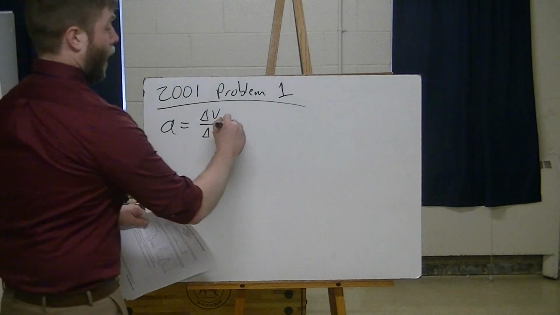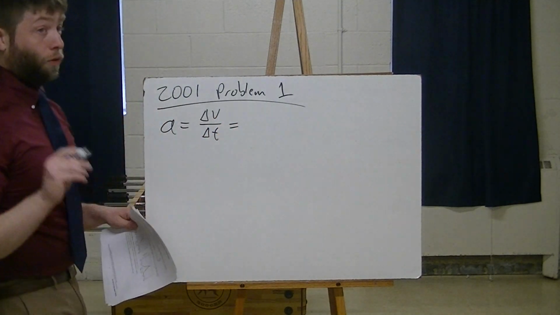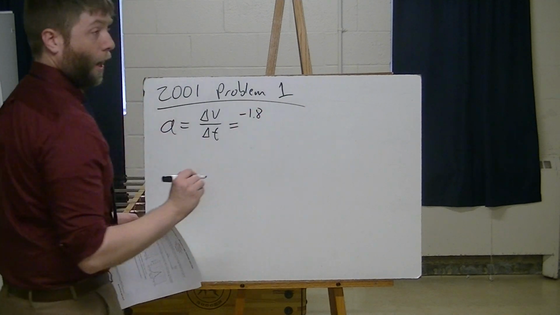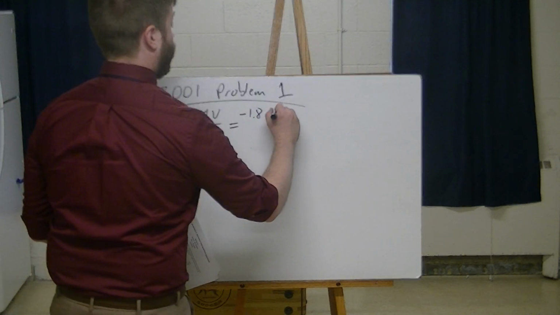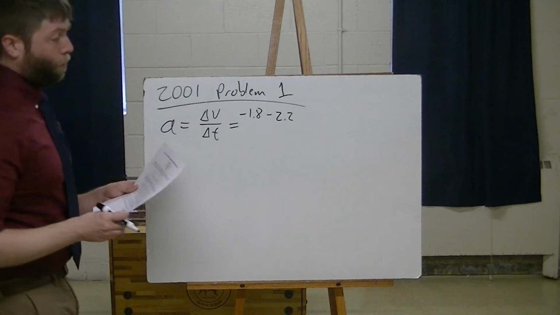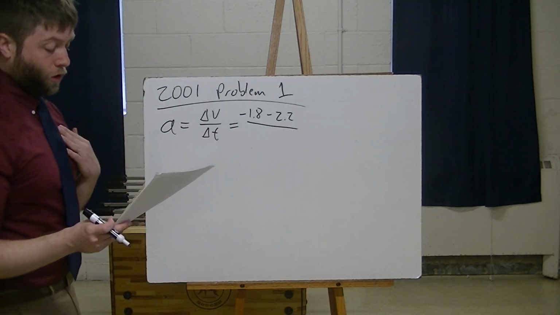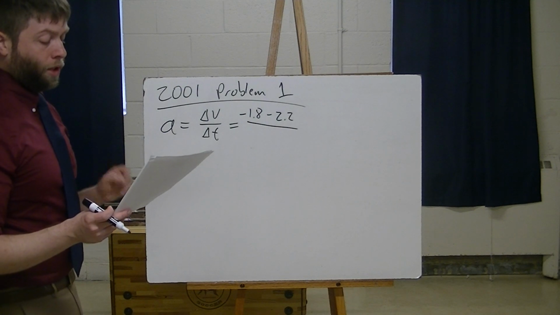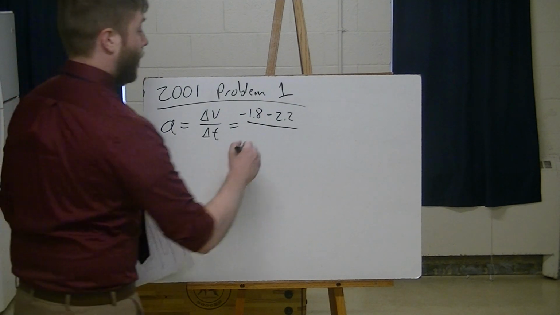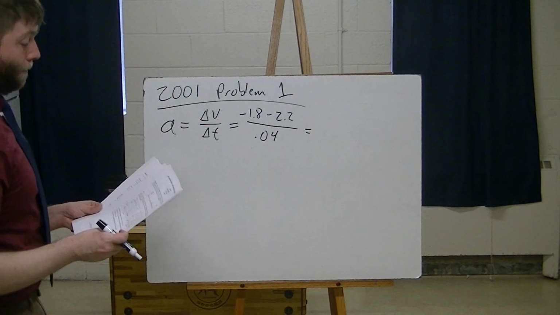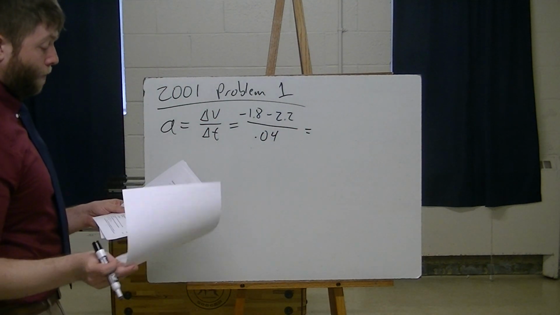So the change in velocity, V final minus V initial, is negative 1.8, that's the final velocity. We subtract the initial velocity, about 2.2 meters per second. The time interval from 0.33 to 0.37 is 0.04. So we got something that looks like that, okay? So just checking my work here, want to make sure I'm doing this right.